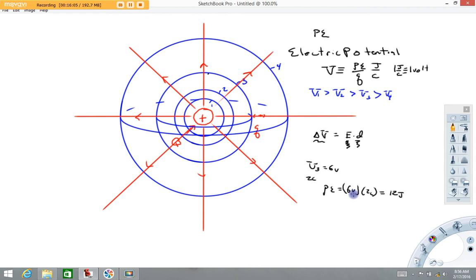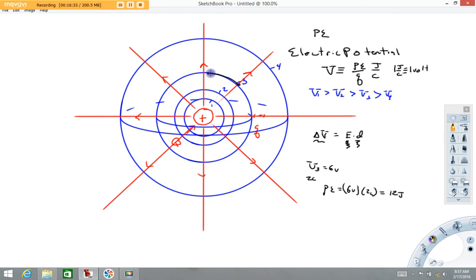For now, the really important thing is if I pick a point here, if I move with the field, you are dropping in potential, moving towards lower potential. If we move against the field, we are increasing in potential. And if we move at a right angle to the field, there's no change in potential. And that surface that you would get by moving at a right angle to the field has its own special name. It's called an equipotential surface.